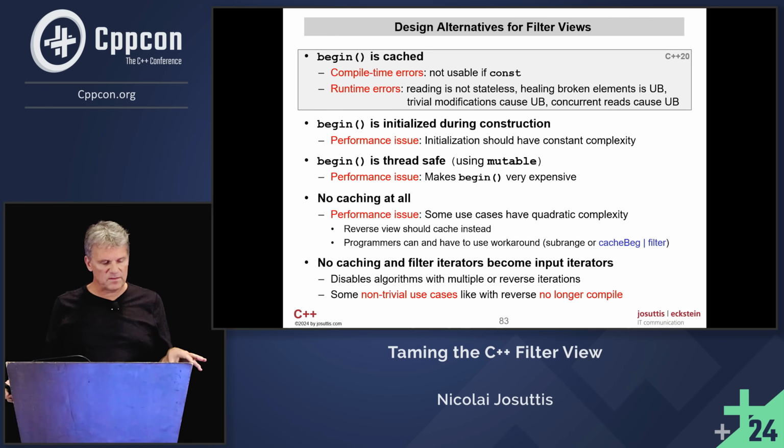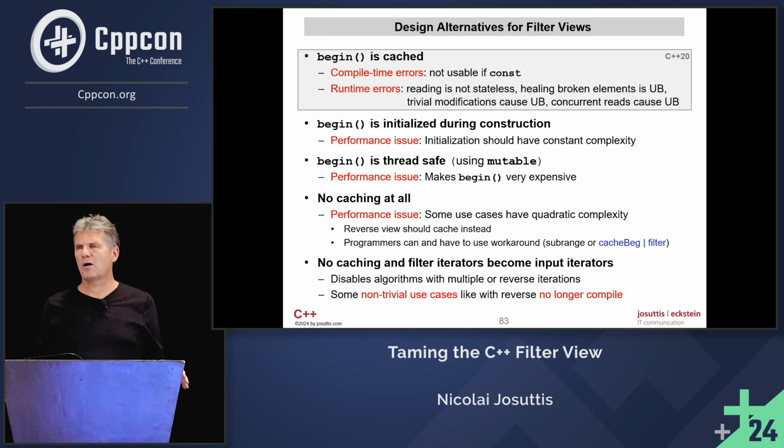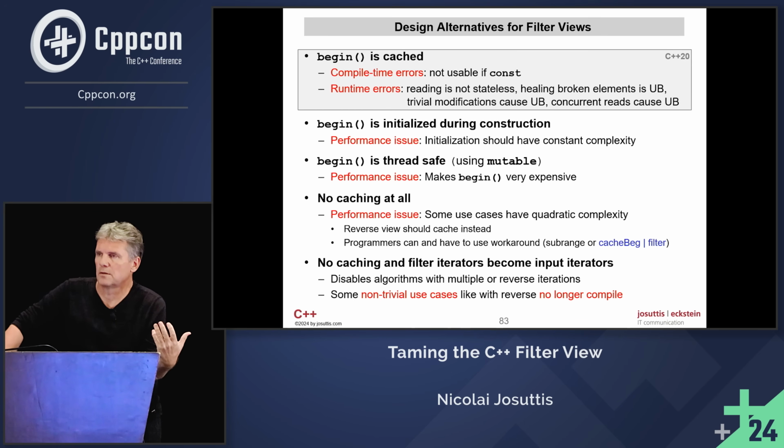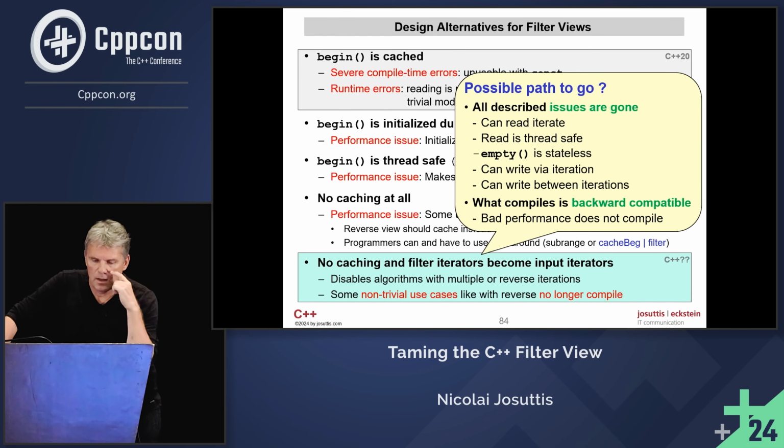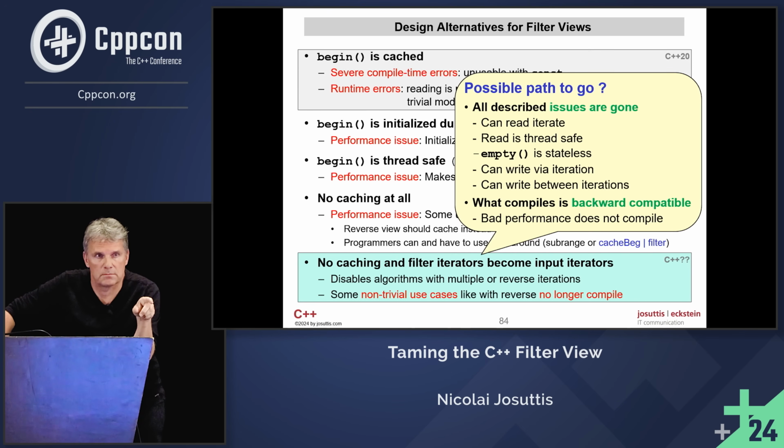This disables some algorithms with multiple or reverse iterations. So some non-trivial use cases might no longer compile. But hey, how often do we use reverse? I could live with that. And remember, all the described issues you saw are gone. All of them.